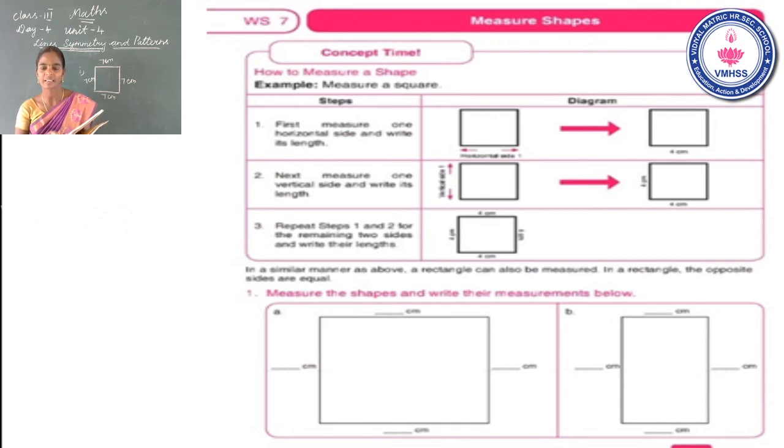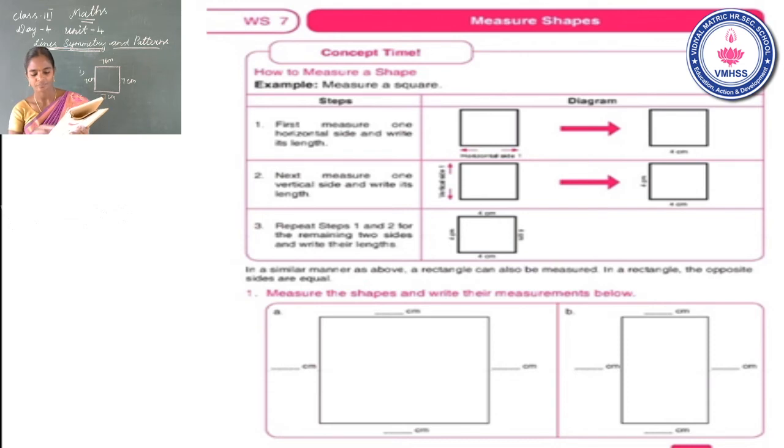Now we measure the square's length. First measure the horizontal side length. This horizontal side is 6 centimeter. Next side also 6 centimeter. Next horizontal side 6 centimeter and vertical side also 6 centimeter.